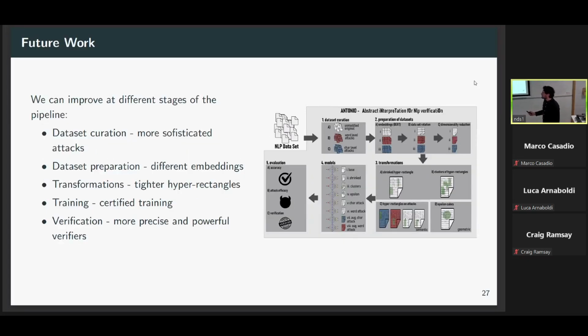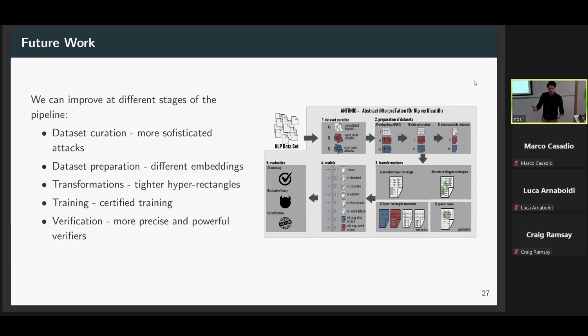Something to work on, or what we can improve. At any stage of this pipeline, we can have some improvements. We can define more sophisticated attacks. So for this dataset, we have character attacks and word attacks. They work well because of this specific dataset. There were short sentences, quite specific.